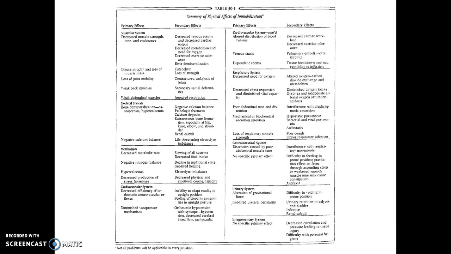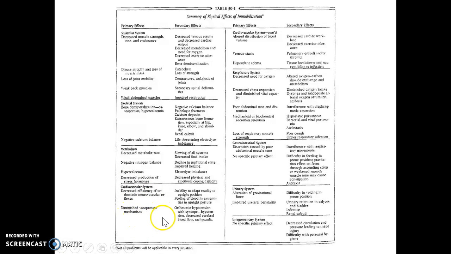So here's a graph from an older book that shows some of these things we just said. This muscular system, the atrophy, weakened muscles, the bone demineralization with that calcium issue, changes in metabolism which affect nitrogen balance, changes in the cardiovascular system, along with the deep vein thrombosis.